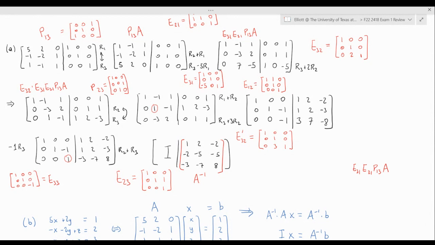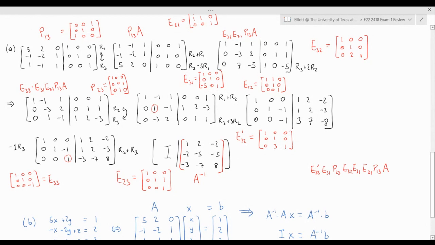Then we did this E32 next. Then we had P23 over here. And then next we had E31 and the E32 prime from these two row operations.